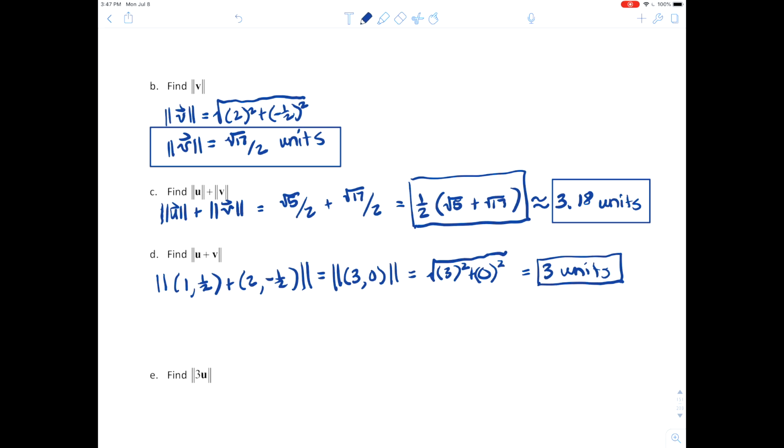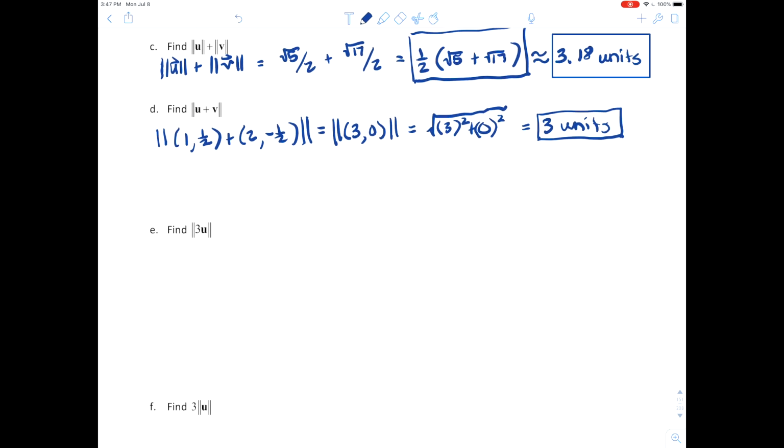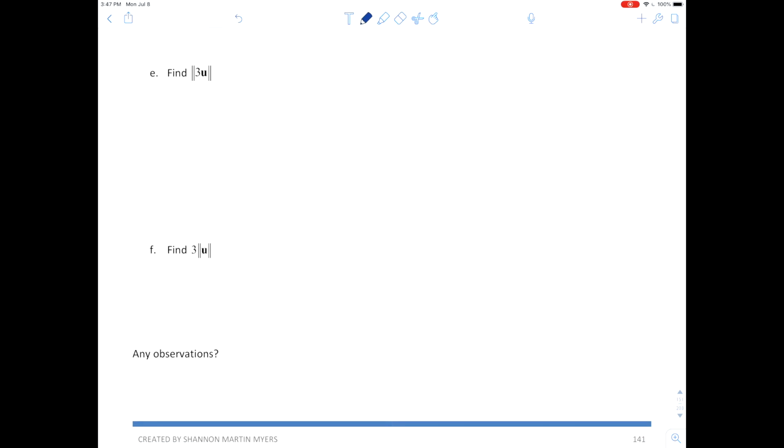All right, very good. All right, now 3 times the vector u, we want to find that magnitude. Well, that would end up being 3 times the vector u, which is the vector that terminates at (3, 3/2).